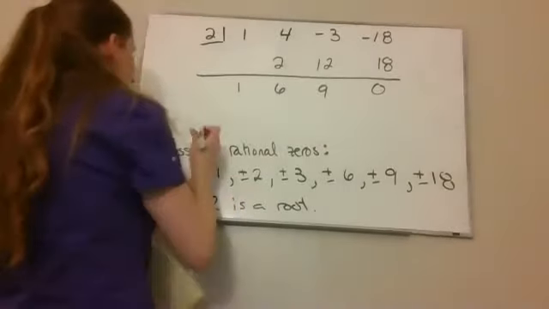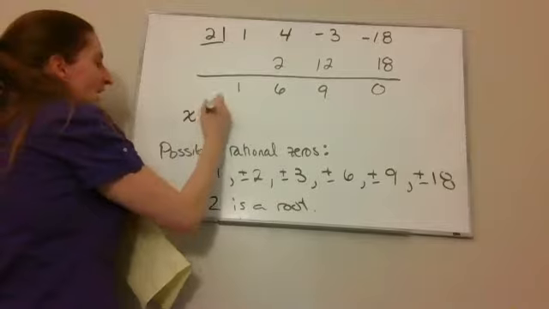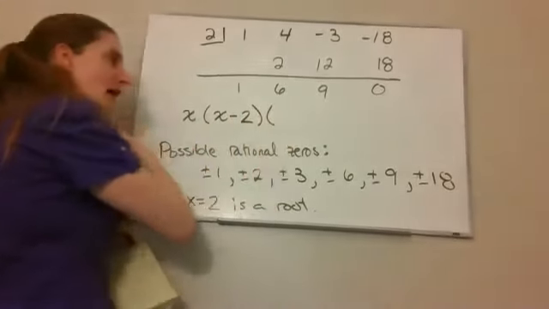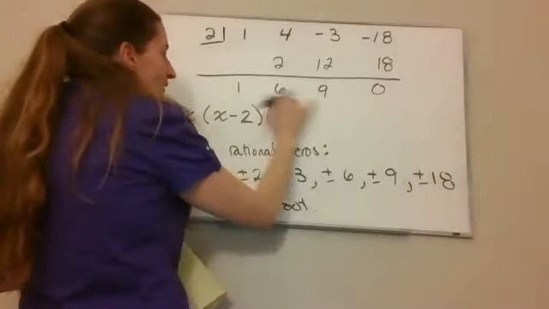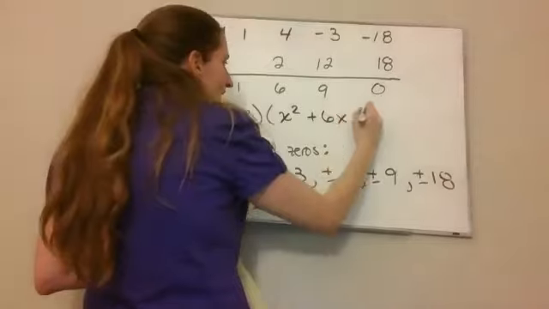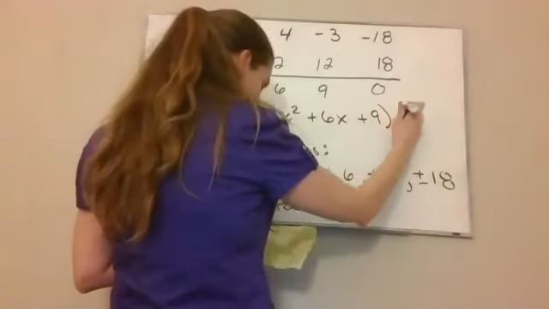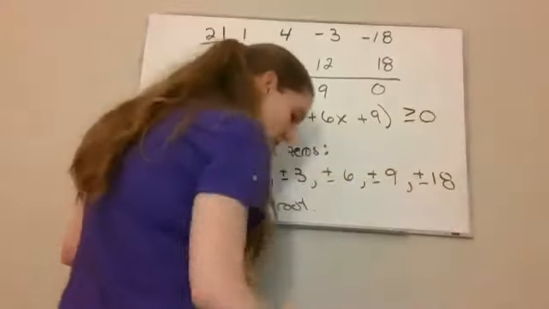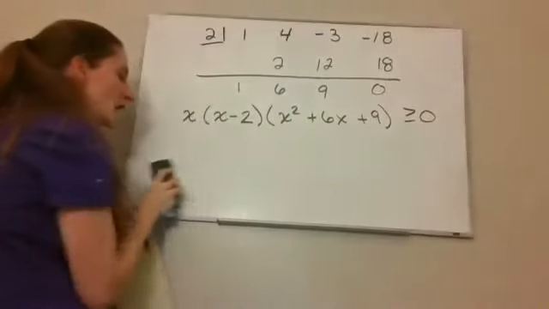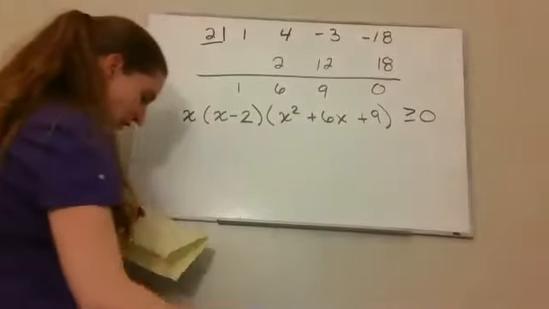So this tells me that I already had an x, I now know I have x minus 2, and my other factor comes from this work right here. I have 1x squared plus 6x plus 9. And all of this is greater than or equal to 0. So it's still not fully factored.